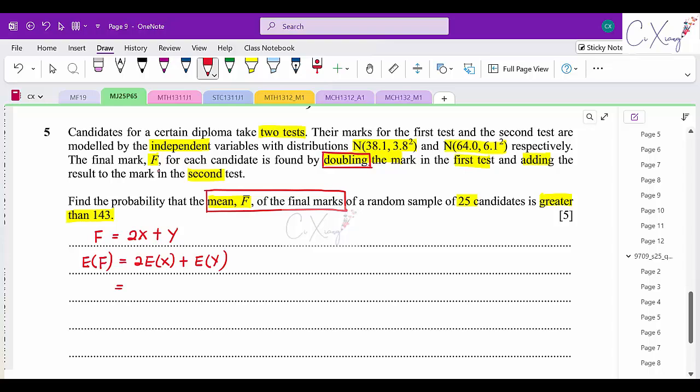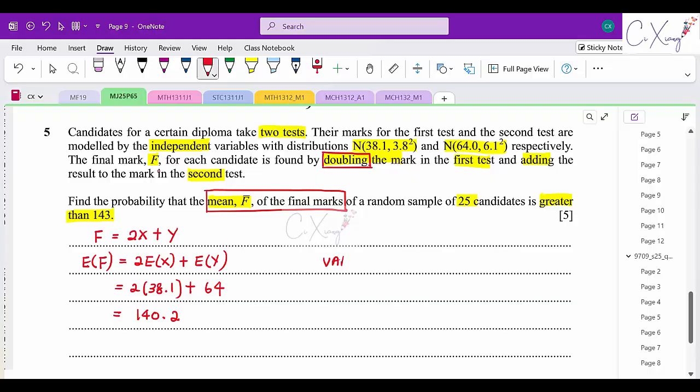Then when you put in the values, you have 2 times 38.1. The mean of y is 64, right? Then what do you get from here? You'll get 140.2. This is the mean for the final mark.